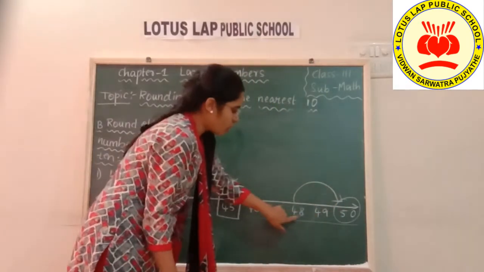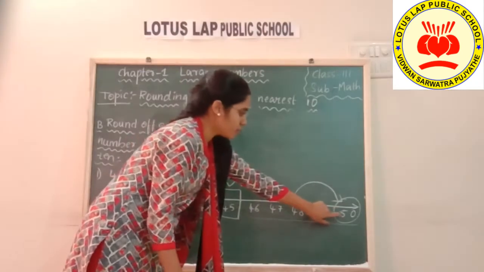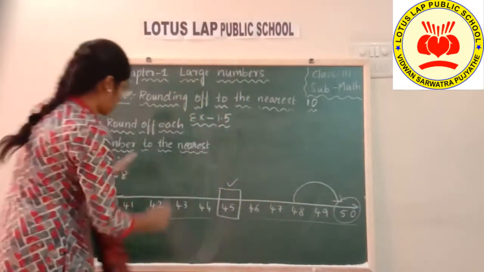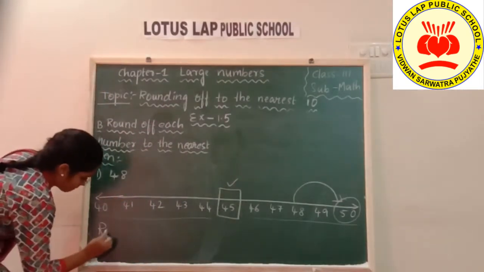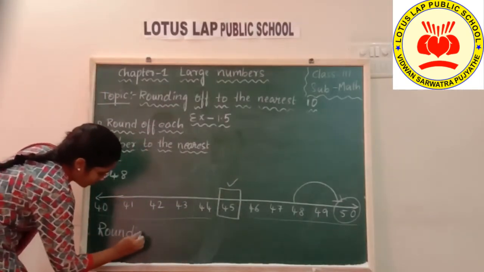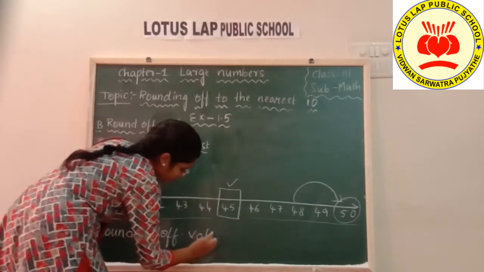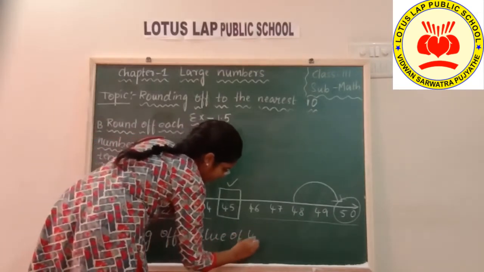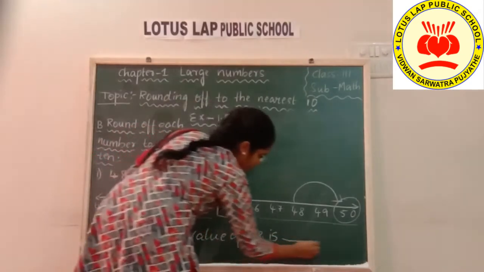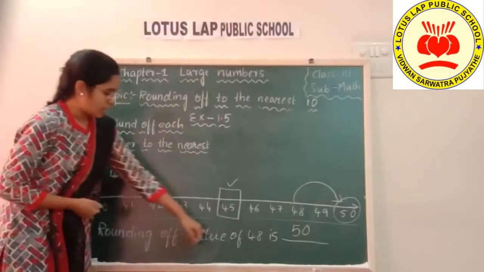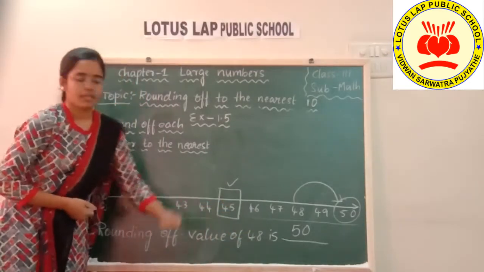So we need to round off 48 to the nearest tens, that is 50, children. The rounding off value of 48 is what, children? Yes, 50.